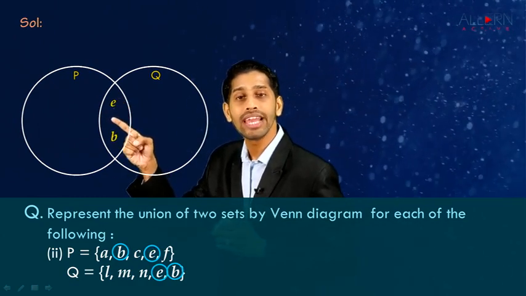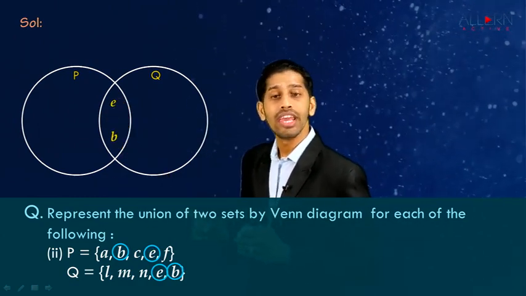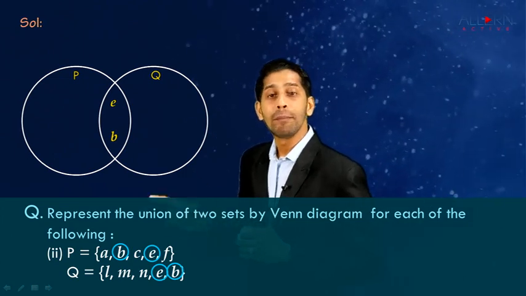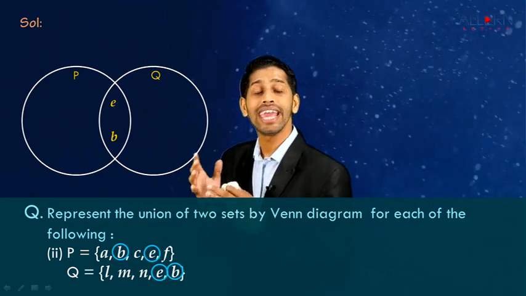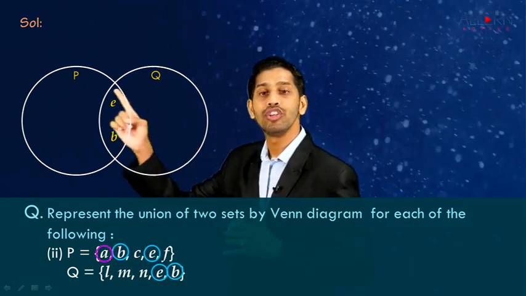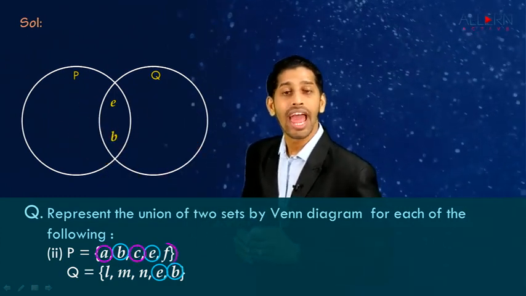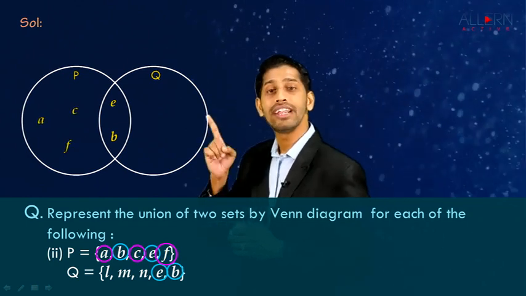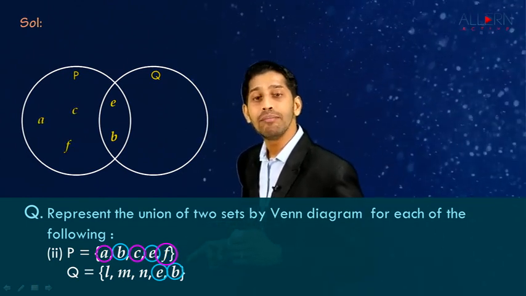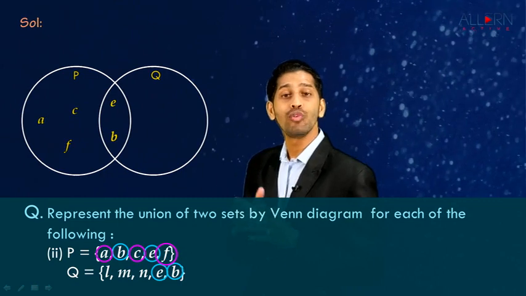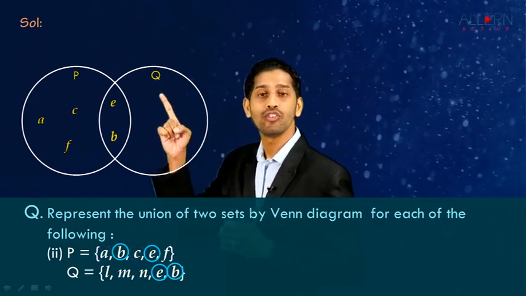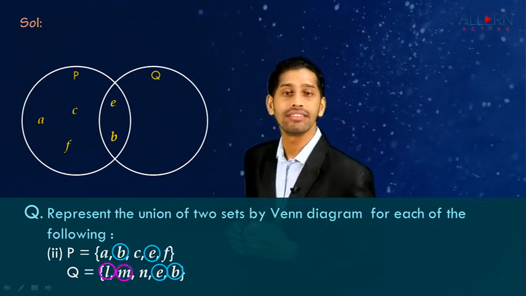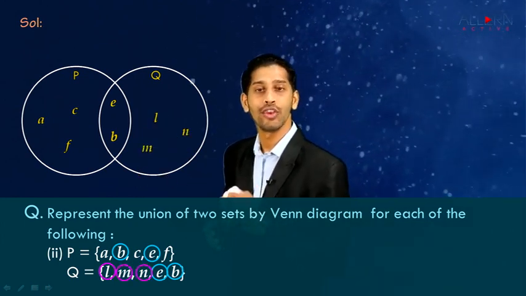Now in set P, B and E we have already written, so the remaining elements are A, C, F, which we write in set P. And in set Q, E and B we have already written, so we write the remaining elements, that is L, M, N, in this circle which belongs to set Q.